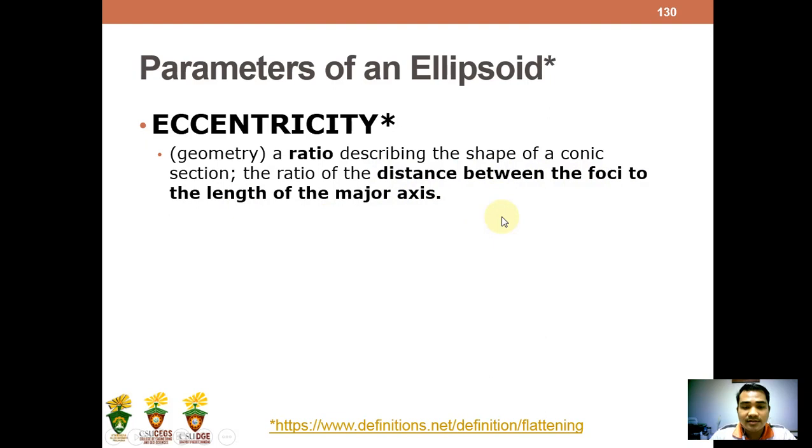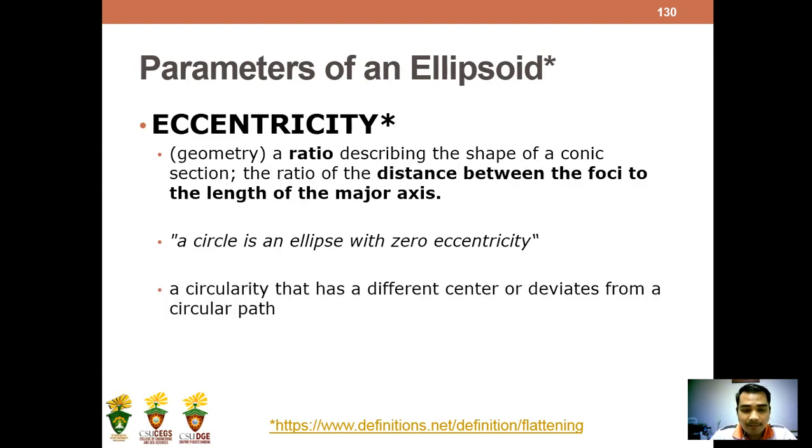So that's eccentricity. A circle is an ellipse with zero eccentricity. Since a circle is perfect, its eccentricity is zero. Again, a circle is an ellipse, but with zero eccentricity.